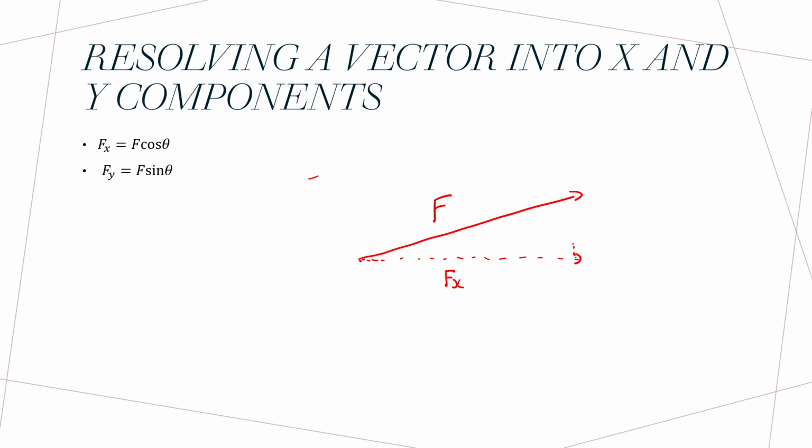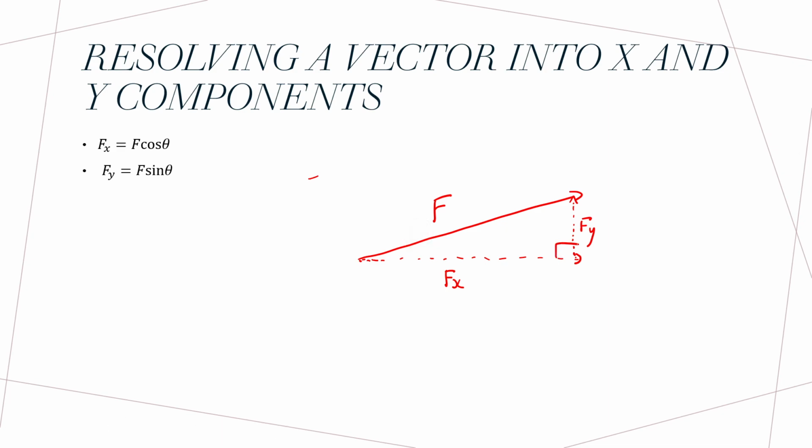We can then also put in a vector that represents Fy. In other words, the component of the overall net force that is in the y direction. Now, these are theoretical forces. It doesn't mean that both of those forces actually exist, but it does break our main force vector up into two separate and perpendicular components.